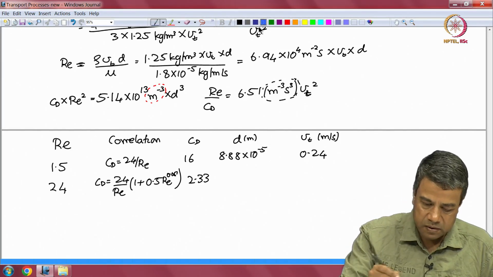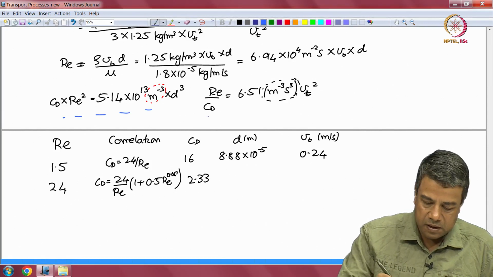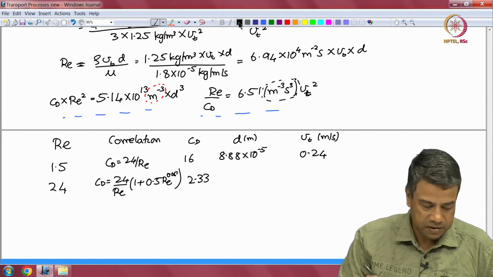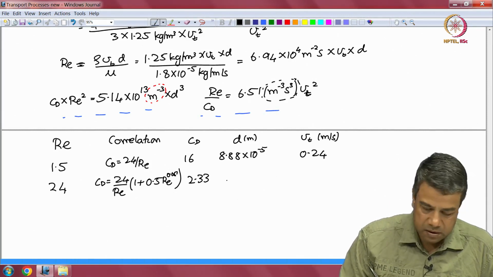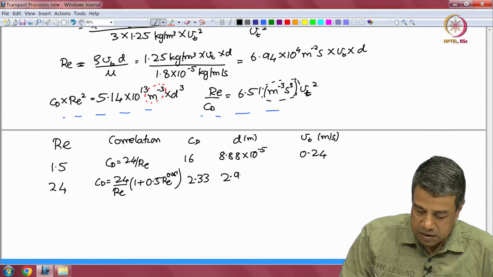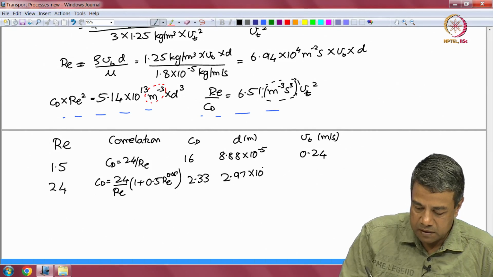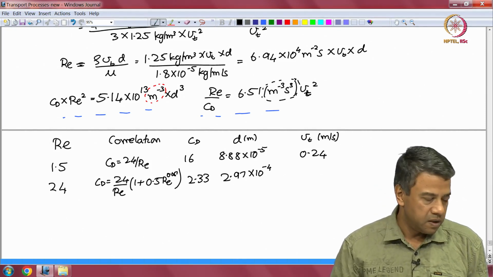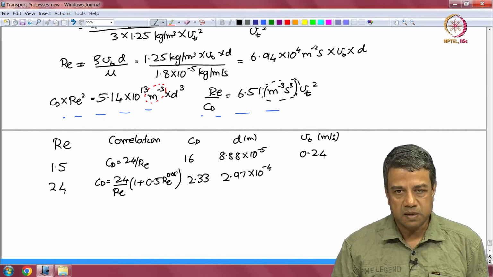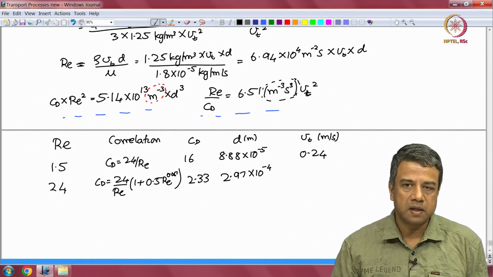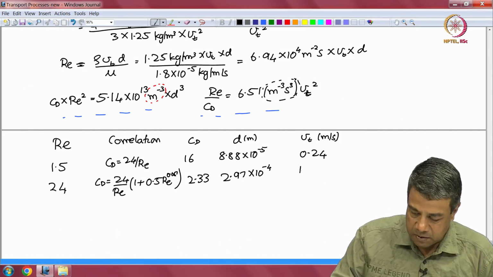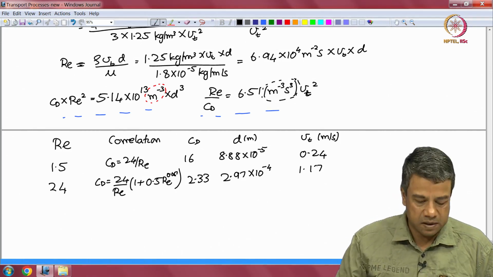And using these two relations, CD into RE square and RE by CD, I can calculate the diameter and the terminal velocity. So, this diameter turns out to be 2.97 into 10 power minus 4 meters. Okay. It is about 0.3 millimeters, okay, less than about 0.3 millimeters, you have a separation bubble at the rear, and the velocity is about 1.17 meters per second.